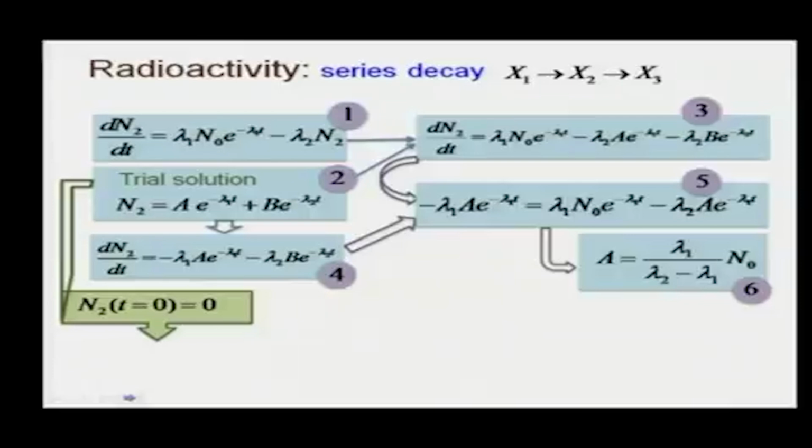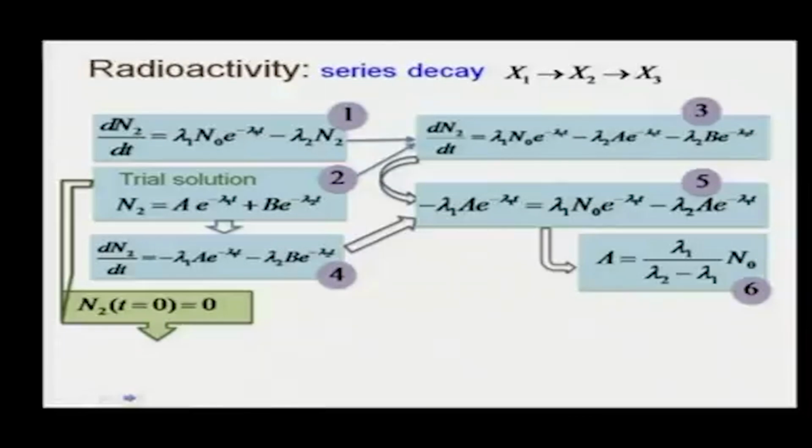Now, we got A, but what about B? To get B, we will look at another property, which is that we took only x 1, that is, a pure sample of x 1 type of nucleus to start with.